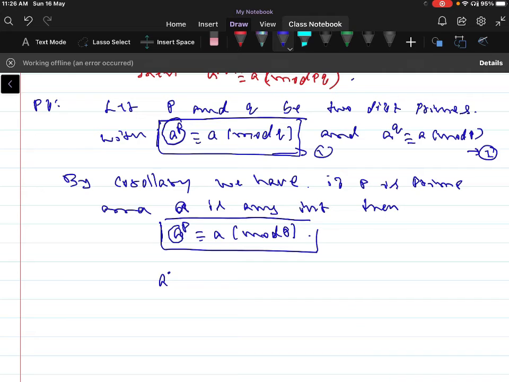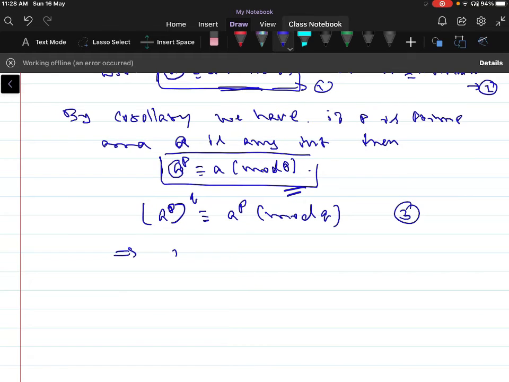Now A power P whole power Q is congruent to A power P modulo Q. Now this implies A power PQ is congruent to A power P modulo Q. So let us call this equation 3.